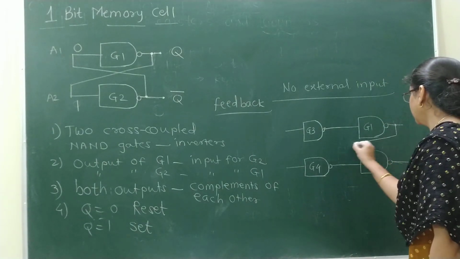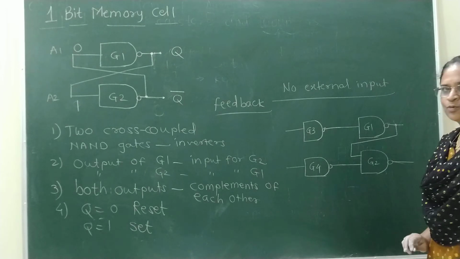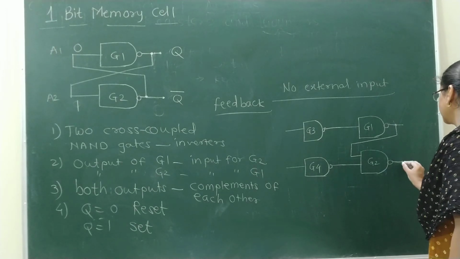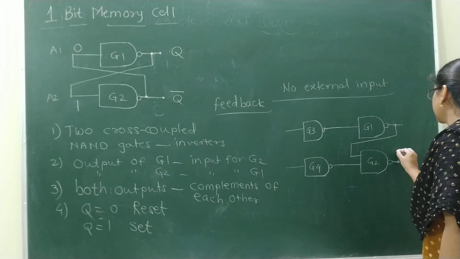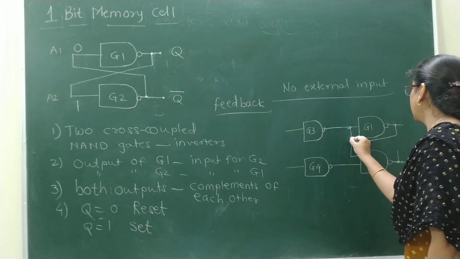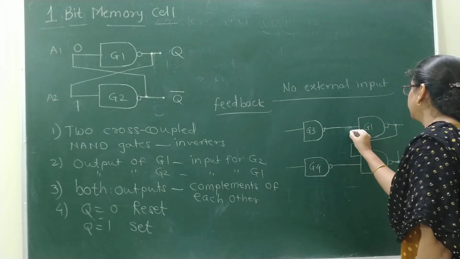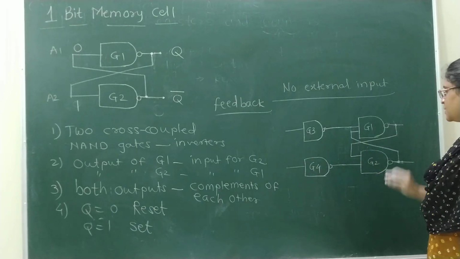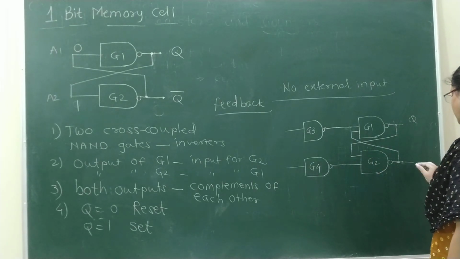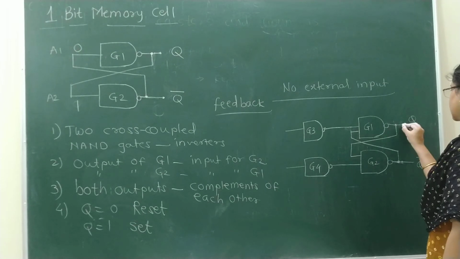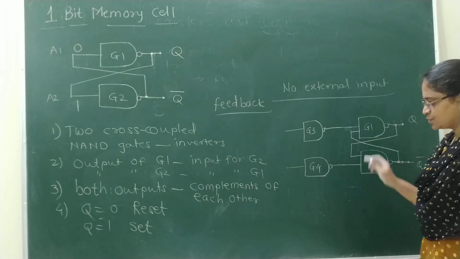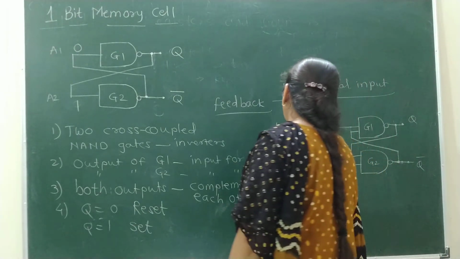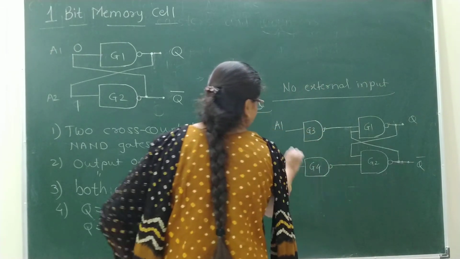The output of G1 becomes the second input of G2, and the output of G2 becomes the second input of G1. So here you can provide the output Q, and the second output as the complement of Q. In this way we can apply two external inputs.